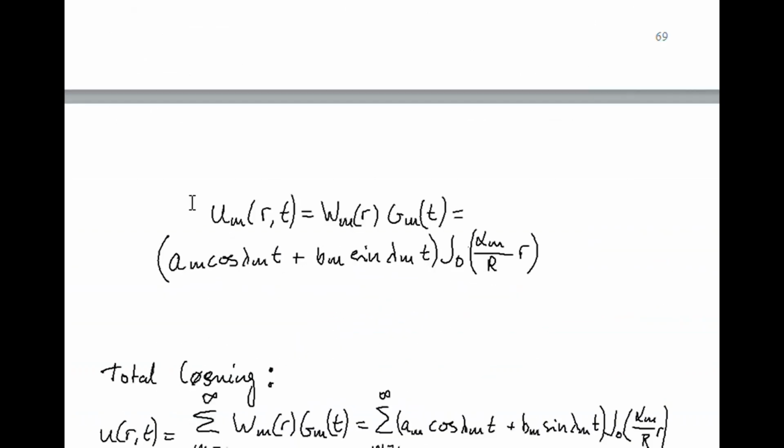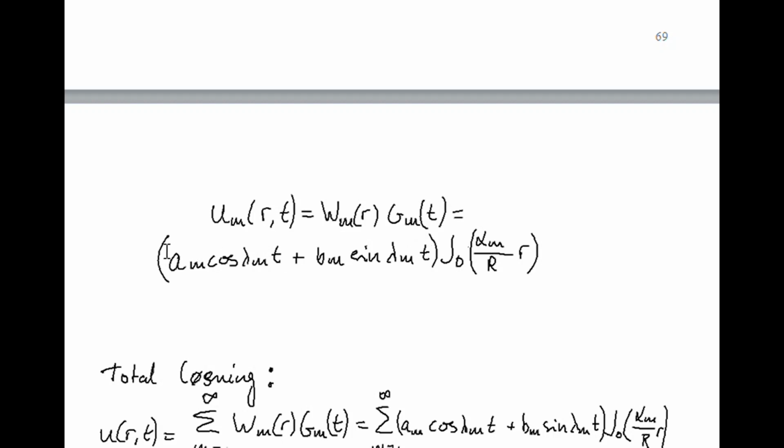So what do we have? We have this type of solutions. We can index them as follows: um, which is a product of these two functions. This function is equal to J0 of this, and Gm of t is equal to this type of equation.